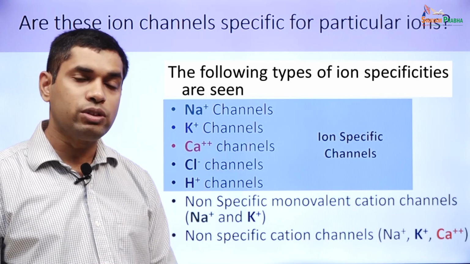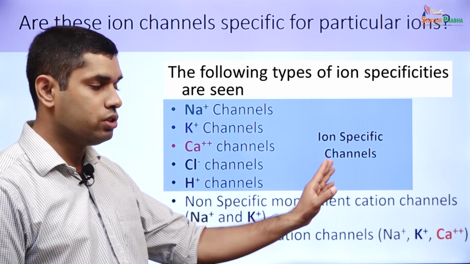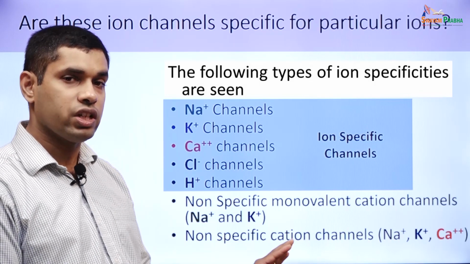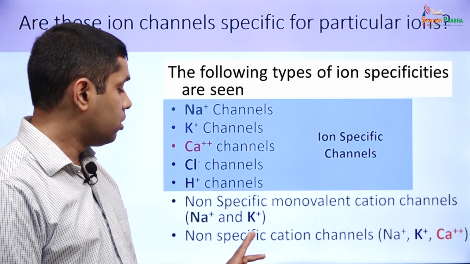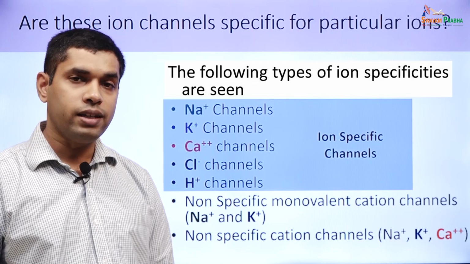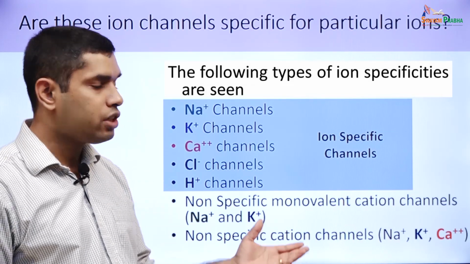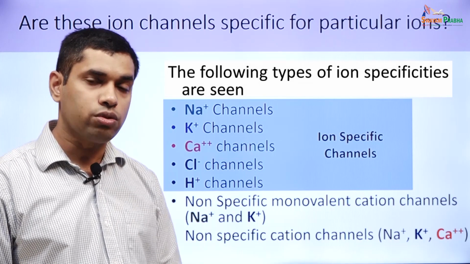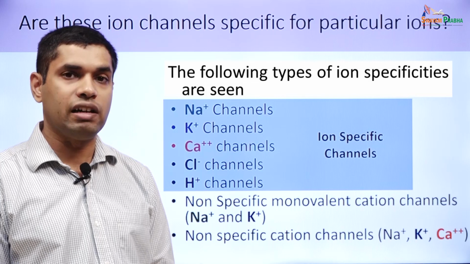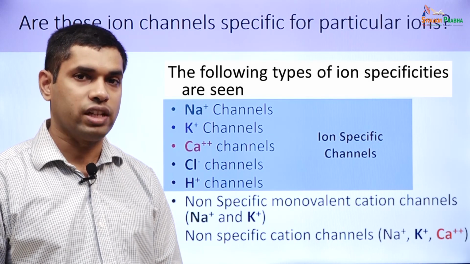So when you talk about specificity of an ion channel, you could have ion-specific channels or you could have non-specific channels, and important among the non-specific channels are non-specific cation channels and non-specific monovalent cation channels. As we deal with the different ion channels in physiology, we can come back to this classification and find out whether the ion channel is a specific ion channel for a particular ion or whether it's non-specific, monovalent, or non-specific cation channels.